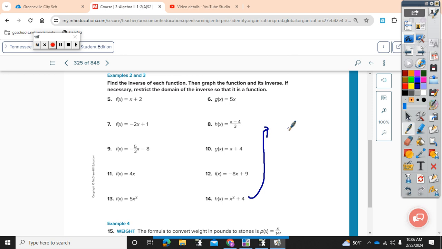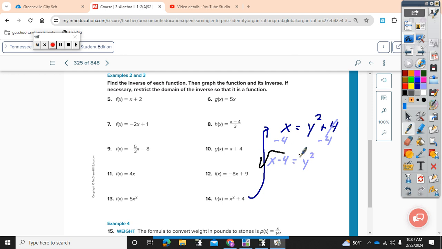So I'm going to switch x, y, so I'll say x equals y squared plus 4, and then just solve it back for y. So from our middle school skills, we're going to subtract 4 first. So x minus 4 equals y squared. Something you may not be super familiar with, but the opposite of square is square root.